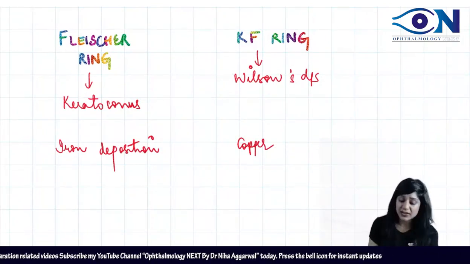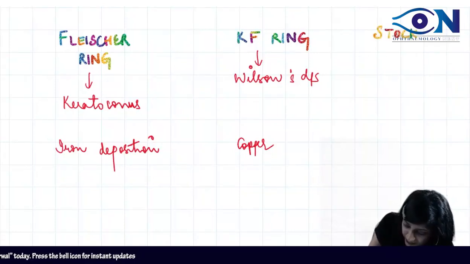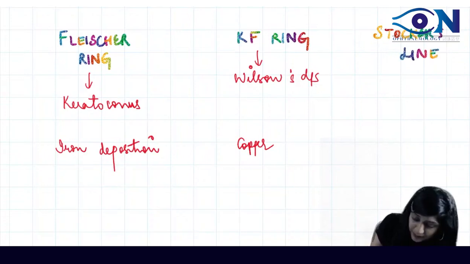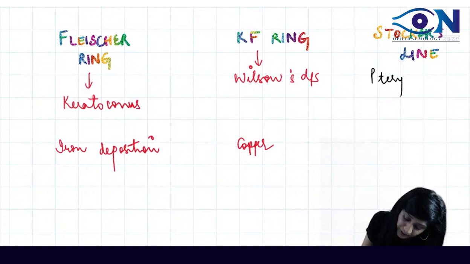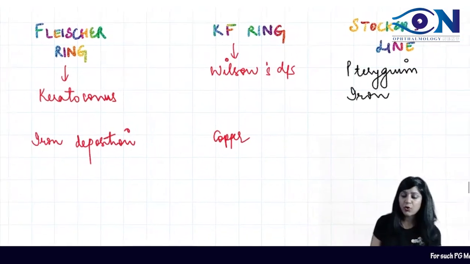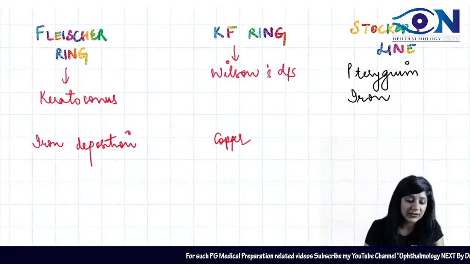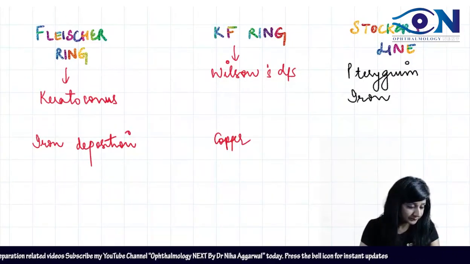Like one more thing is Stocker's line. Last time I told you about Stocker's line. That is again very, very important. That was found in the pterygium, and again that was iron deposition. So always remember these three things: Fleischer's ring, KF ring, and Stocker's line.